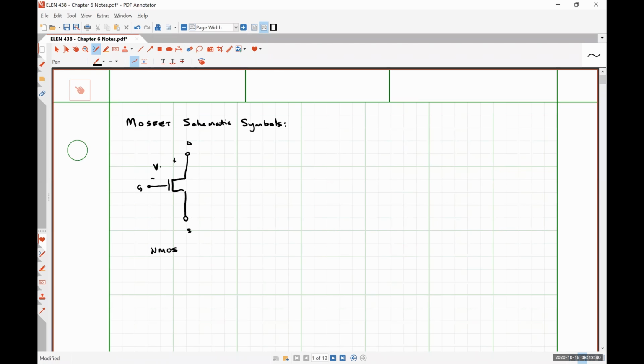So this would be VDG, sorry. This voltage would be VGS. This voltage would be VDS, and our drain current ID would have a direction down.